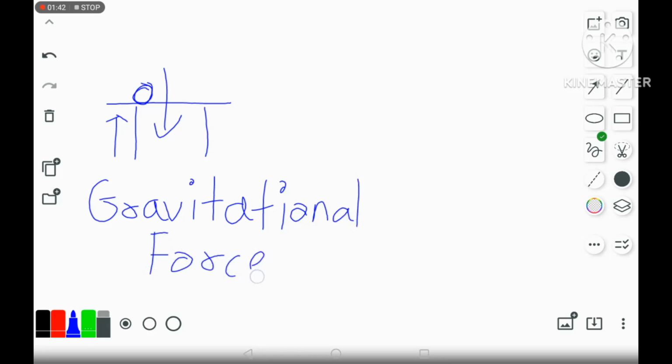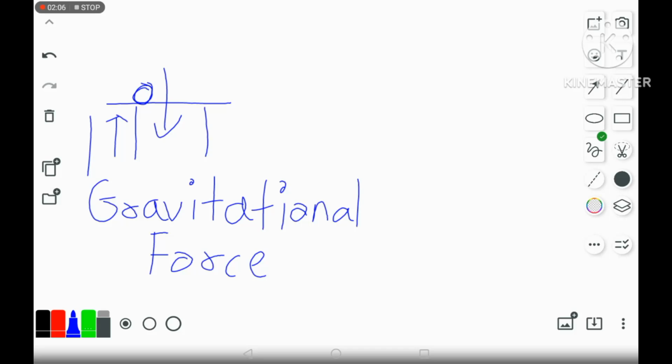But the force applied by this table, which is this arrow, is known as normal force, because the table is applying the force on the rock in the upward direction to hold it in its position. That's why it is called normal force.